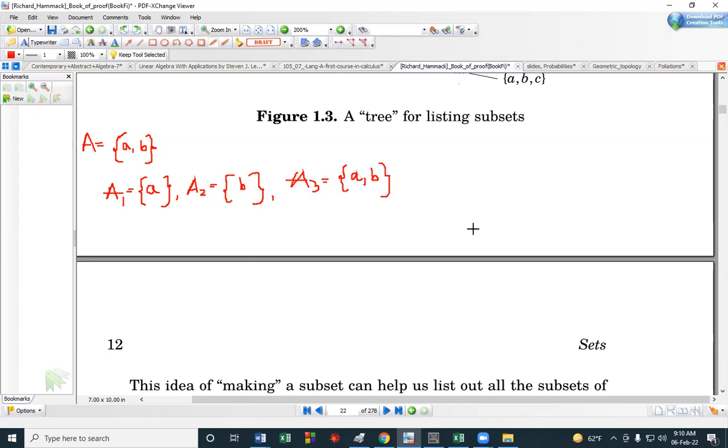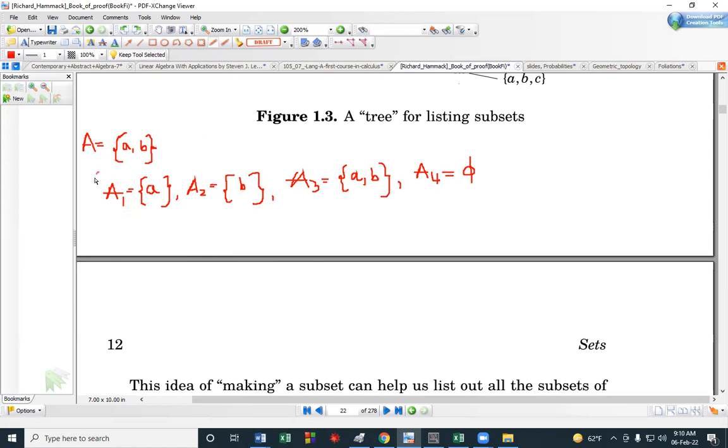Is A3 a subset of A? Yes. And A4 is the empty set. Do you think you can come up with another subset of A, or are these all possible? No, sir. Right?